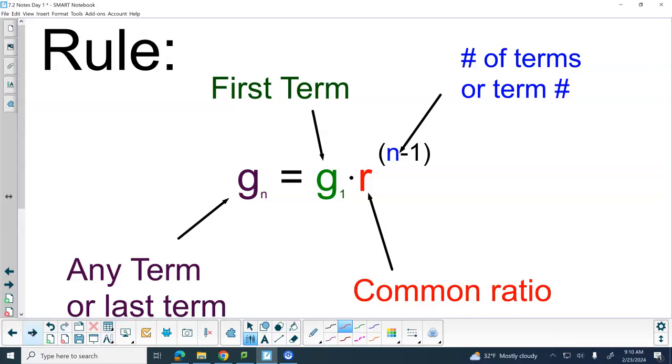Right? So any term or the last term that you're looking for is G sub n. That's going to be equal to the first term, G sub 1, times the common ratio raised to the number of terms minus 1.